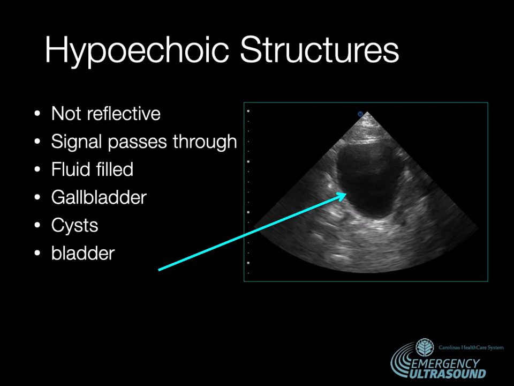Anechoic is going to be completely black. So these are not reflective structures. The signal just passes straight through, and we generally associate this with our fluid-filled structures. So think about the gallbladder, think about cysts, and think about the bladder as your anechoic or hypoechoic structures.